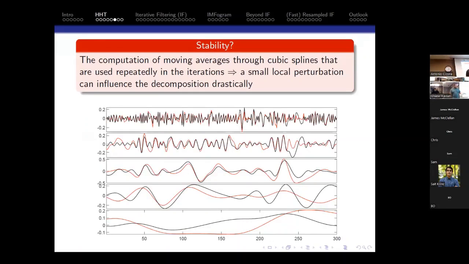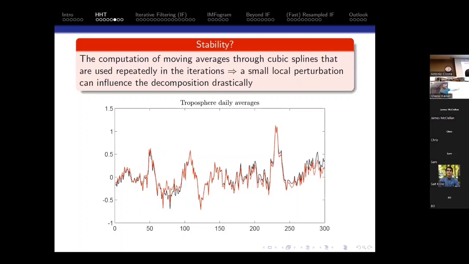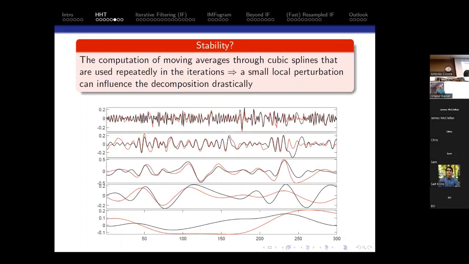If we focus on the trend, you see immediately that the red curve is not going as expected. It goes below the black in the middle, whereas we expect it to be above in the first half and below in the second half. So this behavior is completely off. This is what the literature refers to as instability. It's slightly more complicated than that, but we can accept that definition.